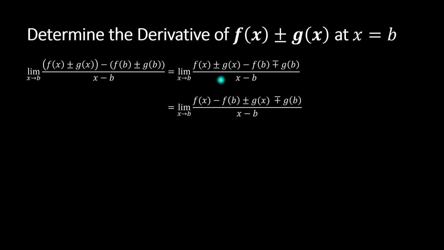I put f of b with the f of x, and then the g of x is going to go with the g of b. The g of x had a plus minus, and g of b had a minus plus, so that's where those symbols come from. Again, if you want, you can think of it as this one had a plus first, this one had a negative, so that's where a plus and a negative come from.